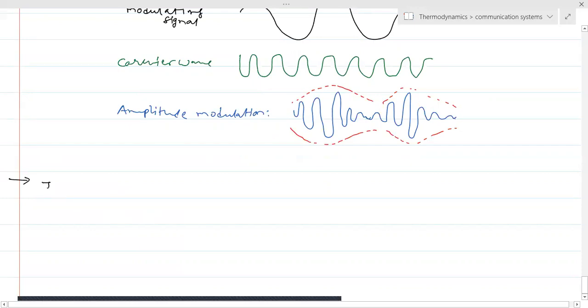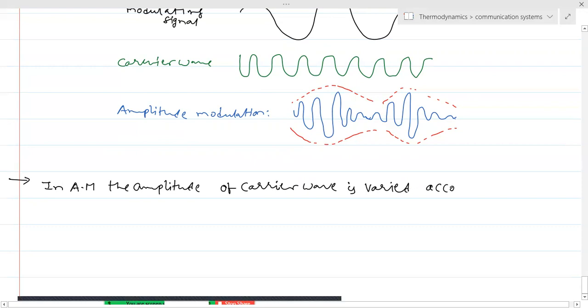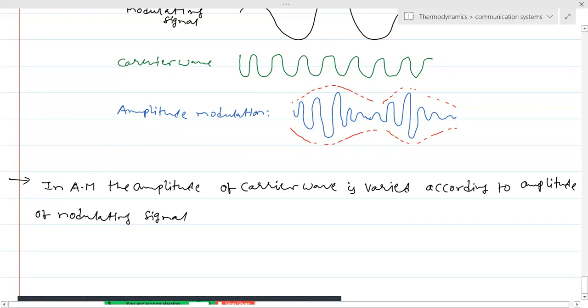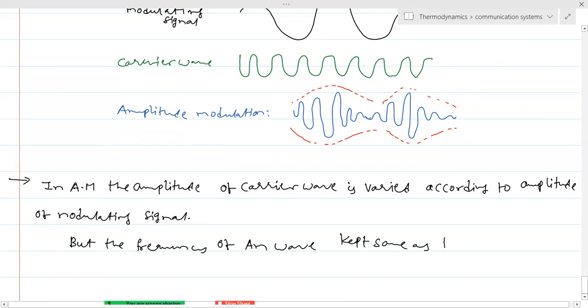So here the most important point is, in amplitude modulation AM, the amplitude of carrier wave is varied according to the amplitude of modulating signal, but the frequency of AM wave is kept same as that of carrier wave.